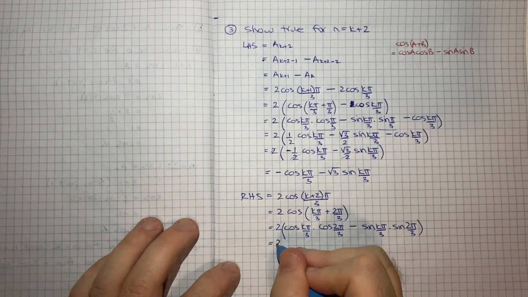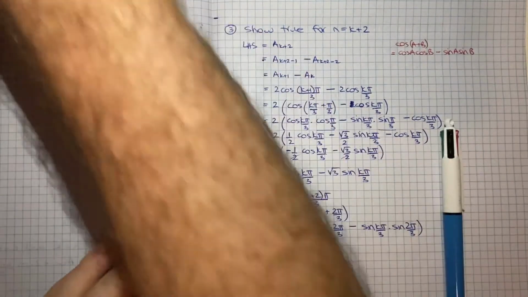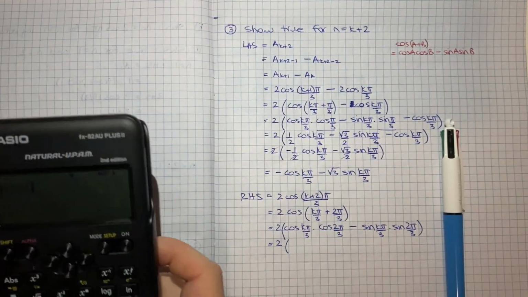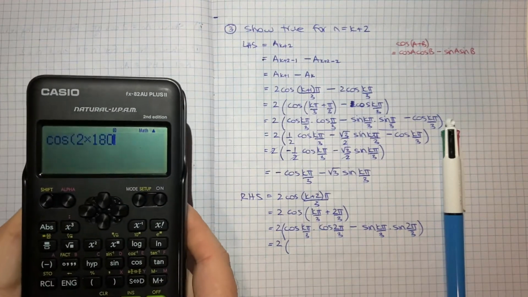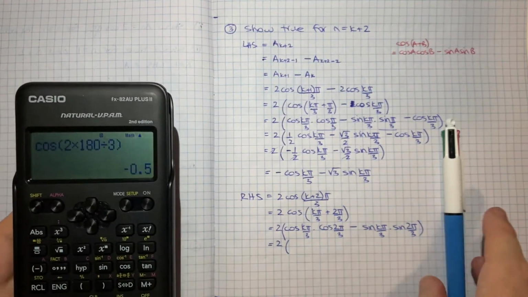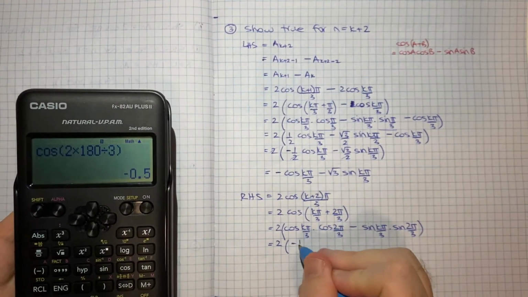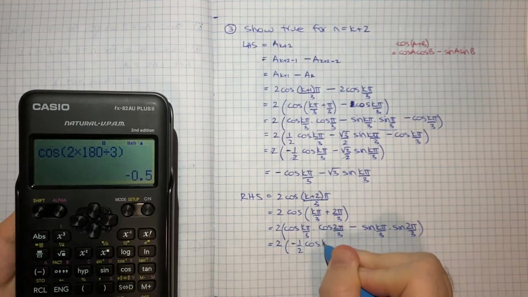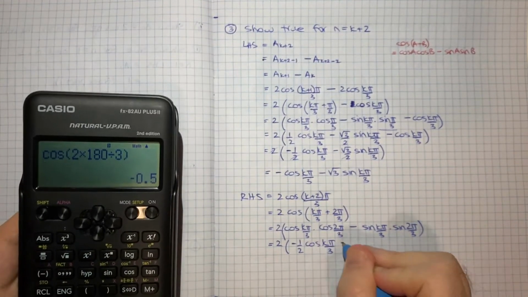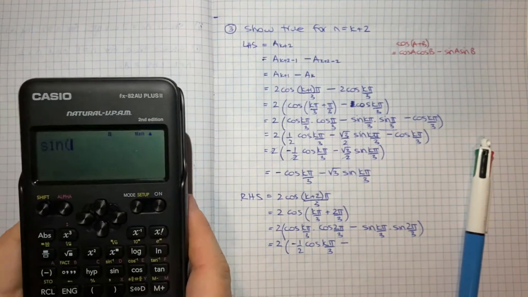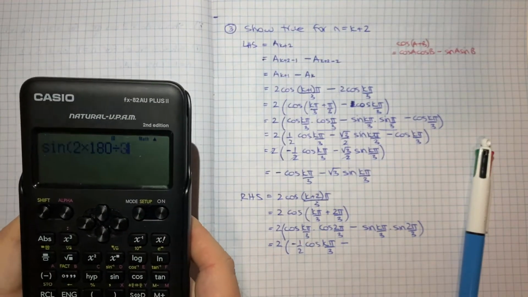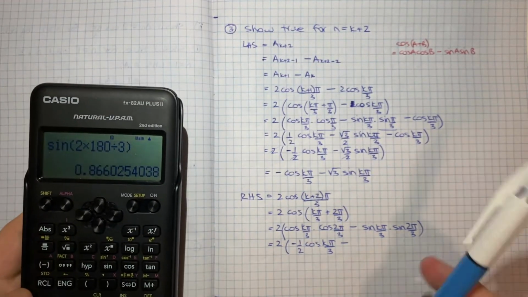So what's that? 2 times, now cos of 2 pi on 3, cos of 2 times 180 divided by 3, it's negative a half, so we'll get negative a half cos k pi on 3 minus, and then we'll get sine 2 times 180 divided by 3 is still root 3 on 2.